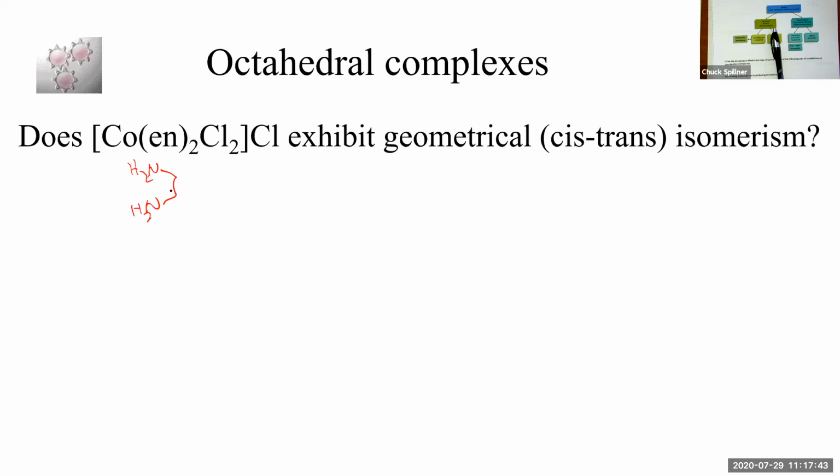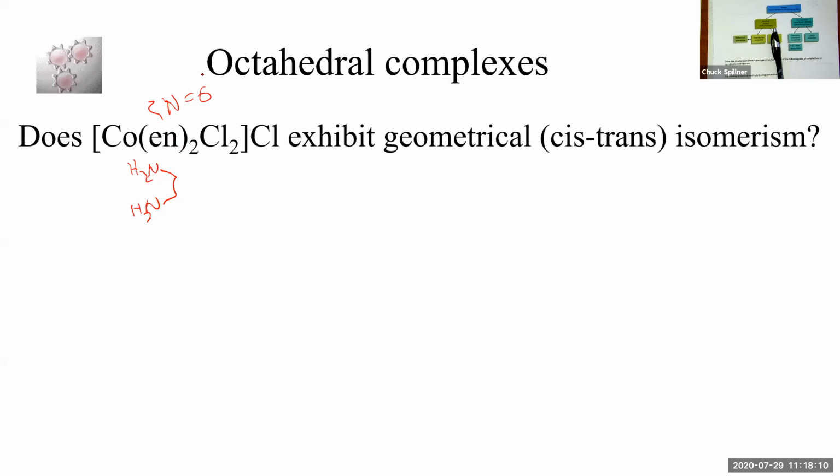Remember, ethylene diamine is a bidentate ligand. So this has a coordination number of 6, because each en has two donor atoms. We have 2 ens, so 2 times 2 is 4, plus the 2 chlorines is 6. So this coordination number 6 is an octahedral complex.